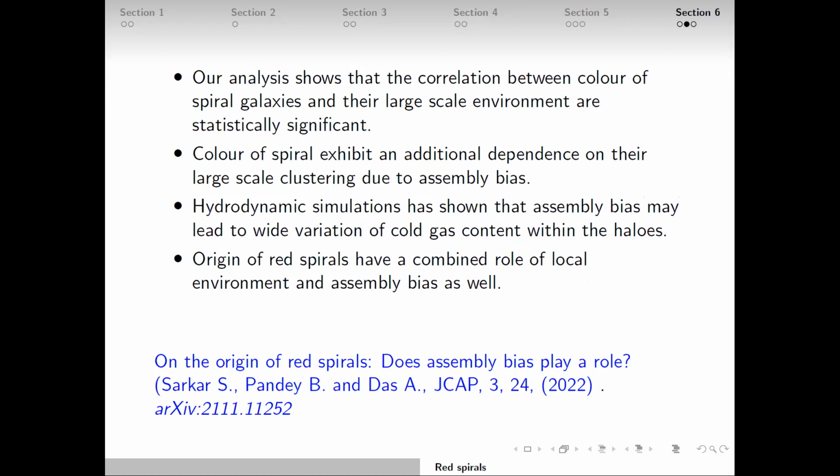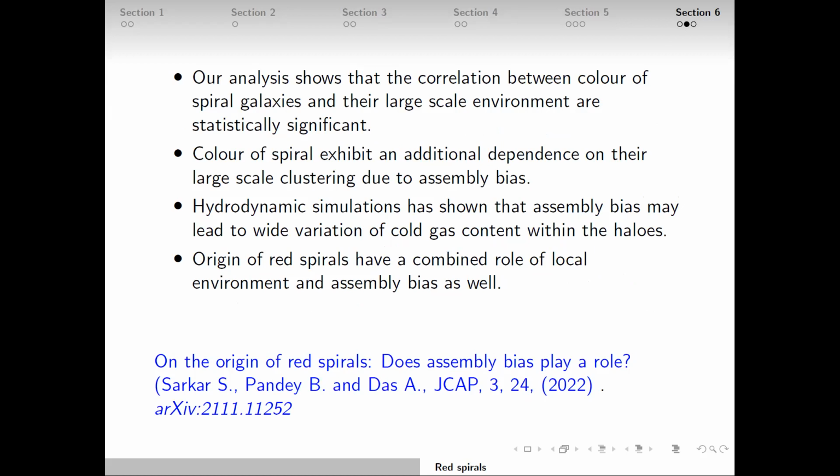From our analysis, we conclude that the correlation between color of spiral galaxies and their large-scale environment are statistically significant, and thus color of spirals exhibit an additional dependence on their large-scale clustering due to assembly bias.